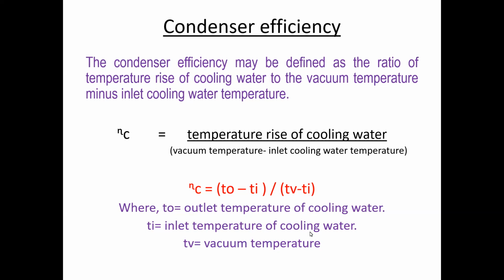TI is the inlet temperature of cooling water, directly taken from some river or lake. And TV is the vacuum temperature in the condenser shell. So this is the formula for the condenser efficiency.